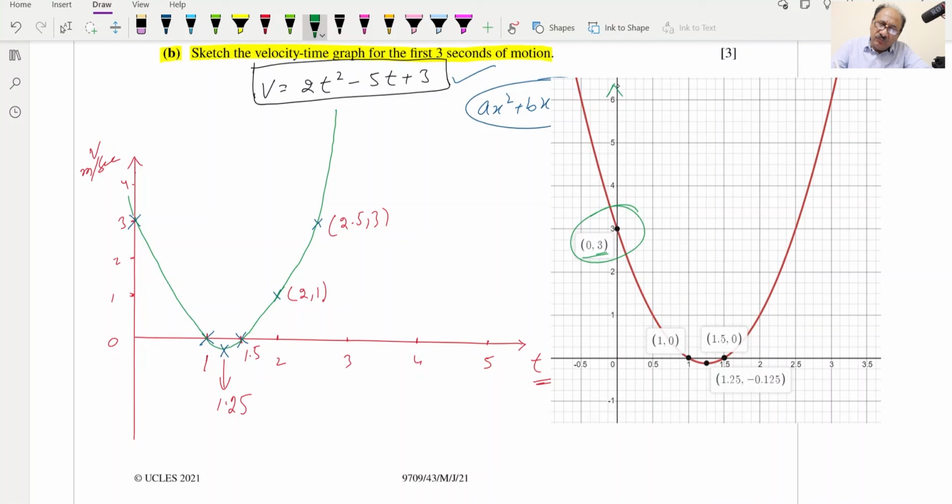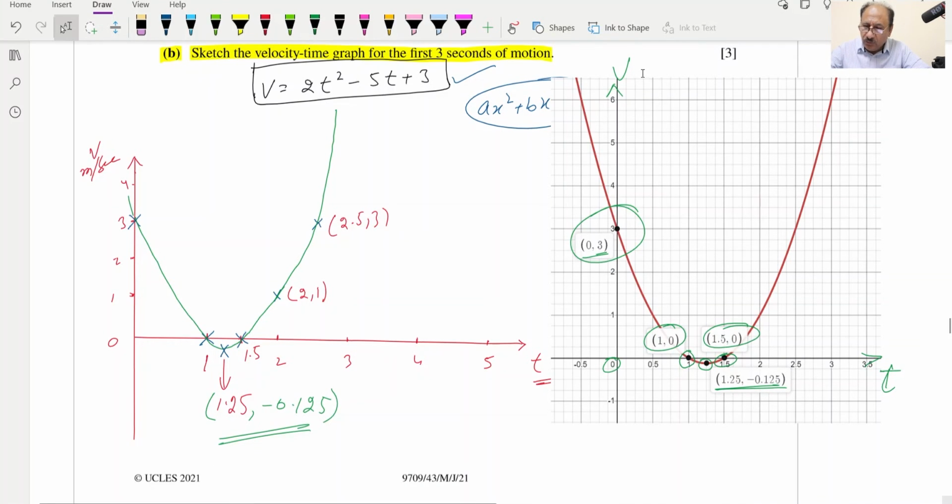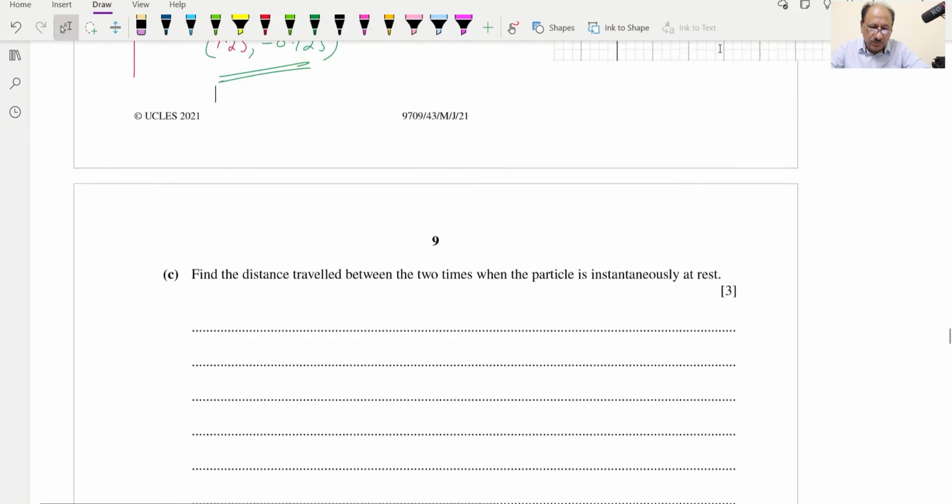This side is velocity, and this side is time, and this is the origin, and this is 1 and 0, this point is 1.5 and 0, and this minimum point is 1.25 and minus 0.125, which we exactly got. We can exactly write the complete point also, 0.125. We got this value on the calculator also. Hopefully you understood each and everything. Now we can move to the next question.